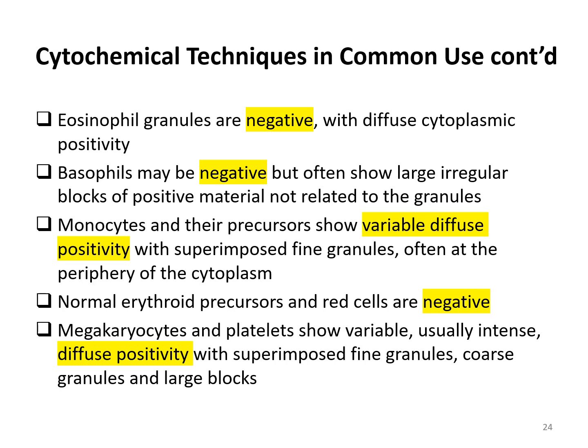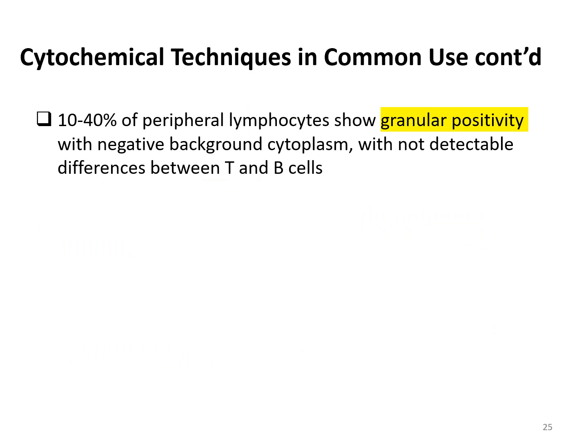Monocytes and their precursors show variable diffuse positivity with superimposed fine granules. Precursors of the RBC are negative, and megakaryocytes and platelets give variable results. About 10 to 40% of lymphocytes show granular positivity with a negative background in the cytoplasm.